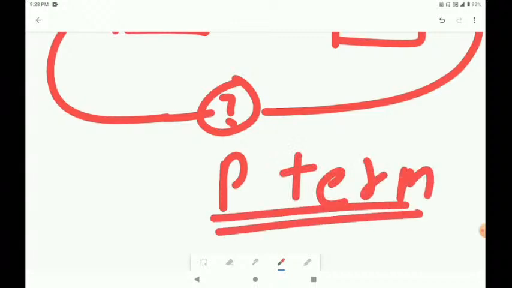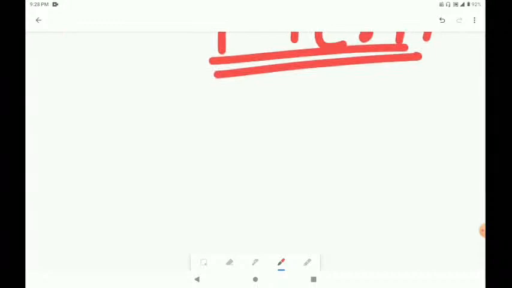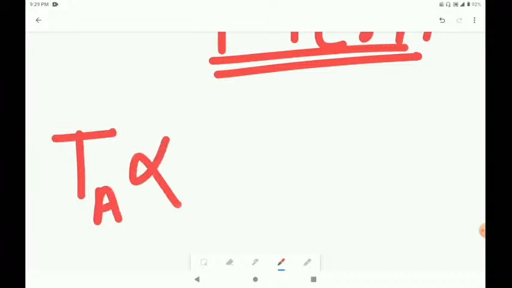which stands for proportionality. So over here we can say that the final TVC angle is proportional to the sensor angle, the sensor readings.